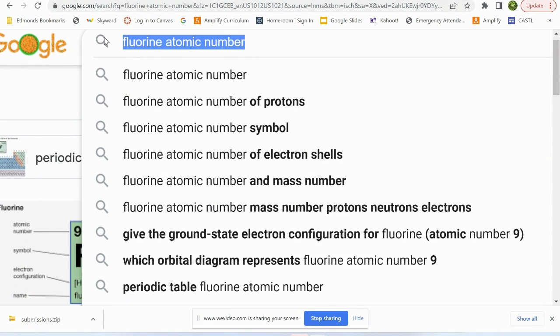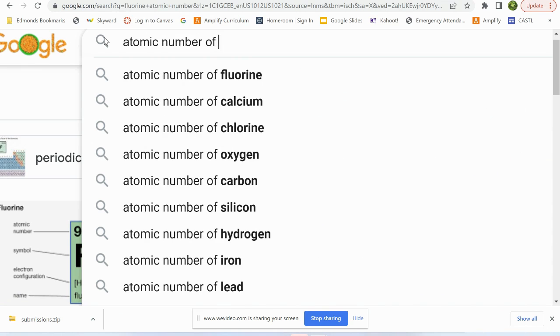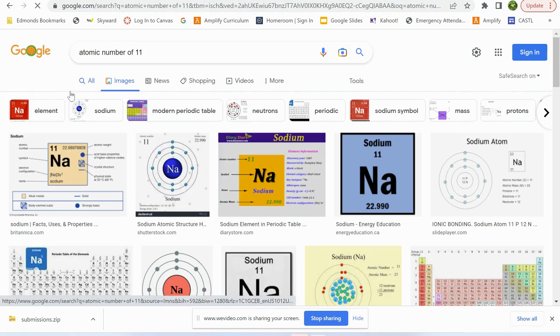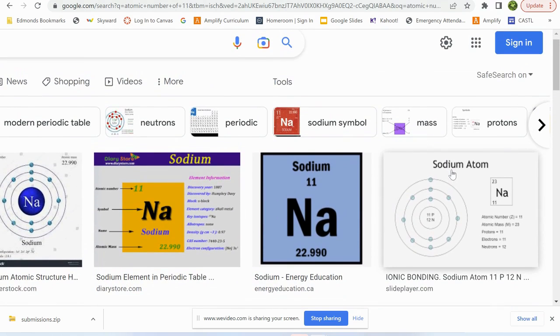If we had something larger, anything bigger than that, let's see, atomic number 11. Okay, that's sodium with 11. What we'd have to do with sodium is calculate the number of protons and neutrons. Well, protons is the atomic number 11. That means it has 11 electrons as well.